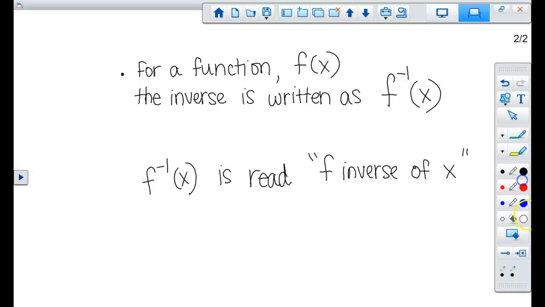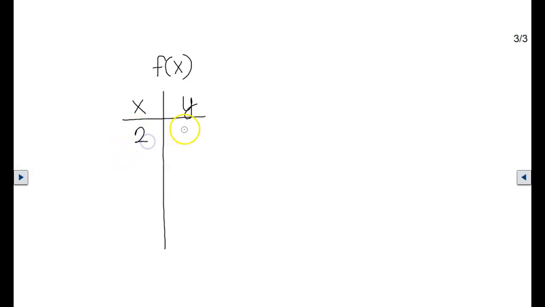So let's start out nice and easy with this and give you kind of an example to look at here. One of the things we've done throughout this unit as we've worked with functions is we've talked about function tables, input-output tables that show us how that function is connecting x's to y's. So let's say I have a function f of x, and in that function it takes a 2 and pairs it with a 0.